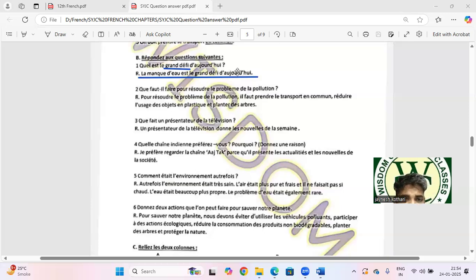Don't worry. Next, the fourth: what is necessary to solve the problem of pollution? Okay, students, if you have a problem of pollution, what can we do? In order to solve the problem of pollution, it's necessary to use public transport, reduce the use of plastic objects and plant trees.